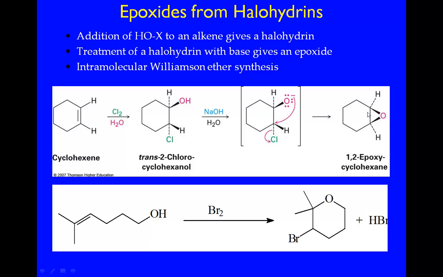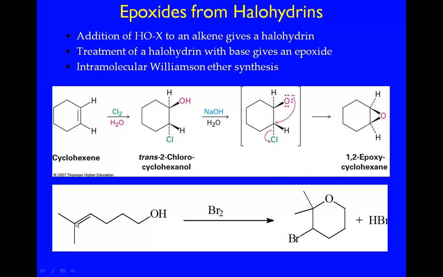You can make an epoxide out of it. So I can go either way, from epoxide to halohydrin or from halohydrin to epoxide, depending upon the need of the synthesis. And this is called intramolecular Williamson ether synthesis, because everything is happening within one molecule. Alkoxide, alkyl halide, substitution, everything is happening within the molecule, so it's intramolecular.